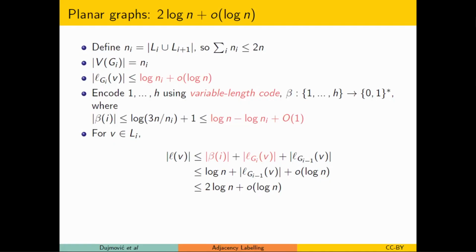And there's a standard trick for encoding integers, any integer, which is using a number of bits which is logarithmic in the value of the integer you're encoding. This is an old trick due to Elias. And so when I say the label is the concatenation of 3 things, it's actually slightly more complicated.